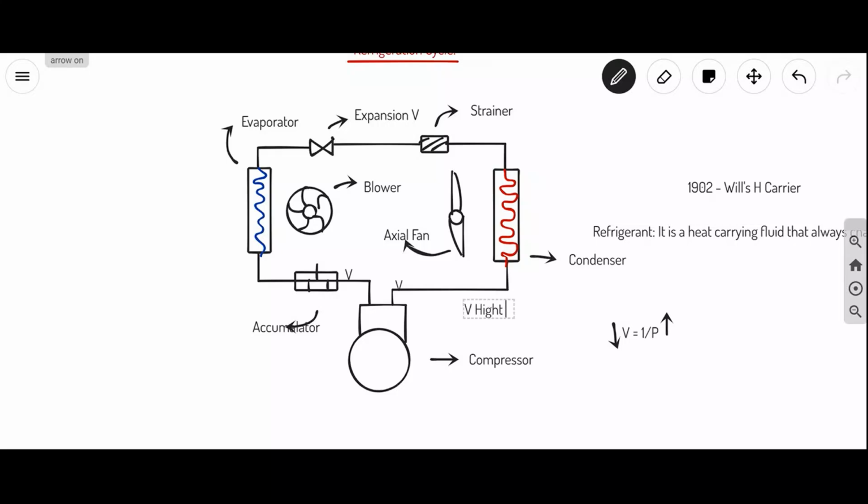As pressure increases, temperature increases, Charles' law. So here, very high pressure and very high temperature will be there. The refrigerant is completely in vapor state, which is called the vapor line.